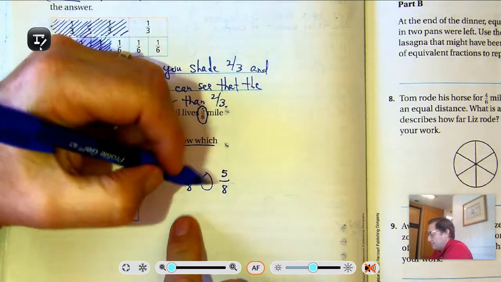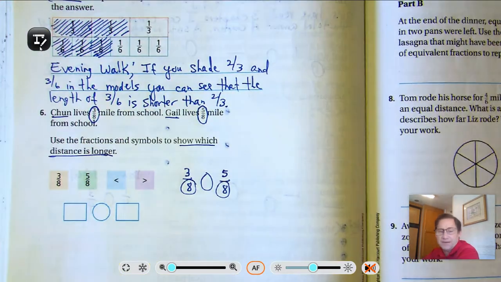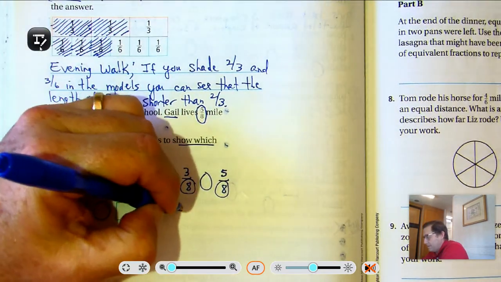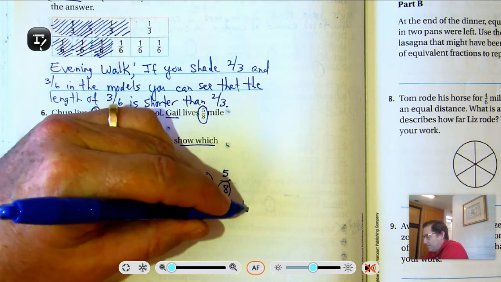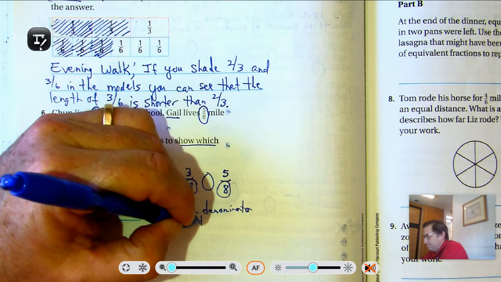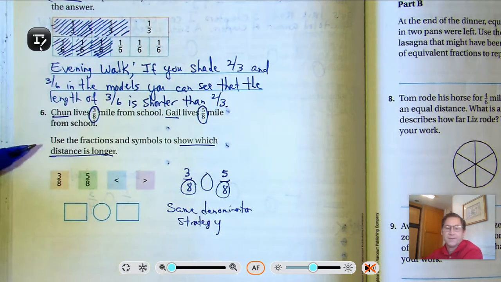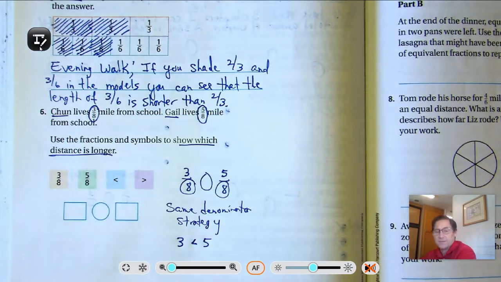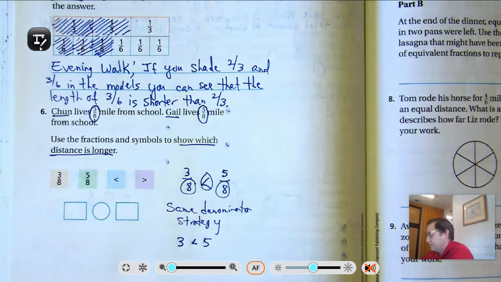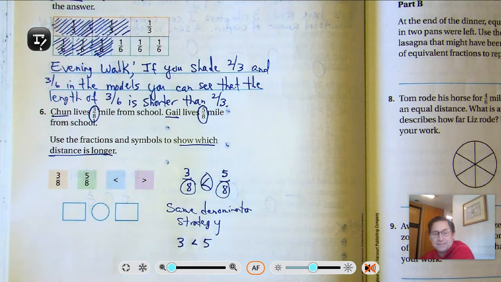So same denominators. I'm using the same denominator strategy. Okay. And 3 is less than 5. So 3/8 of a mile is less than 5/8.